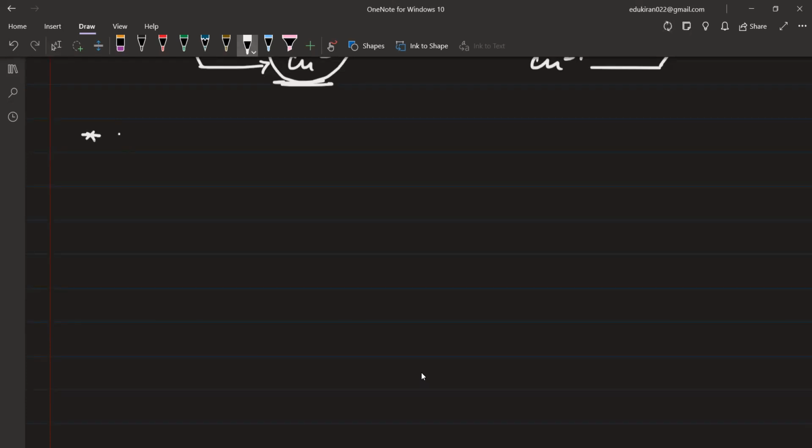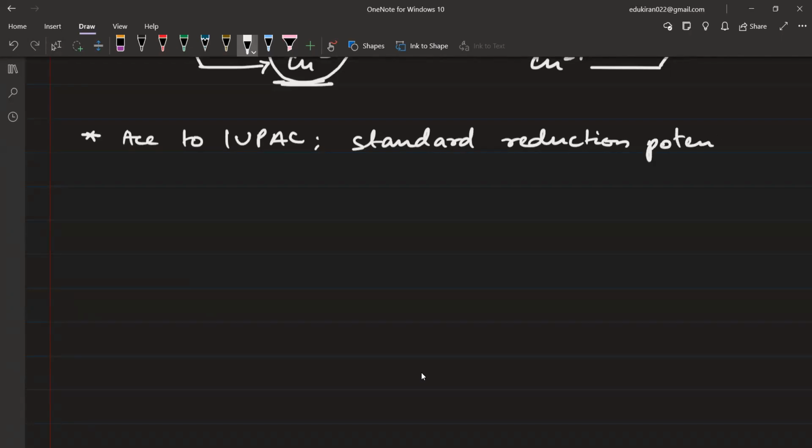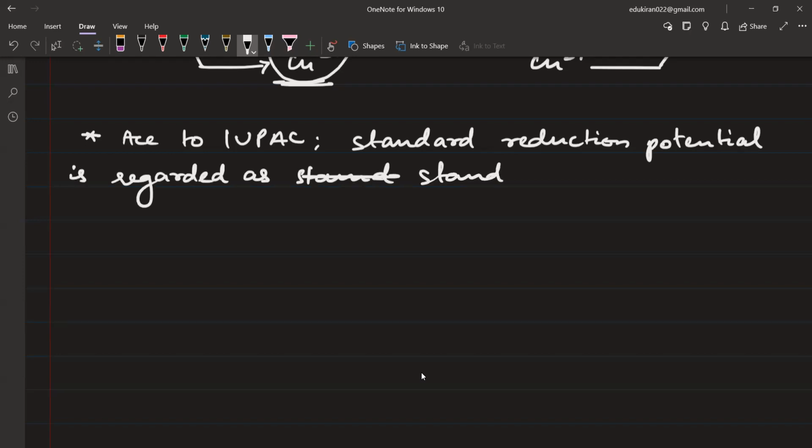Okay, so please write here: according to IUPAC, standard reduction potential is regarded as standard electrode potential. Got it? Yes or no? Please tell me. Yes. Okay.